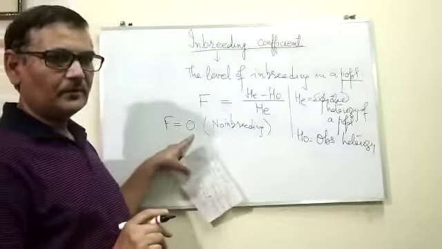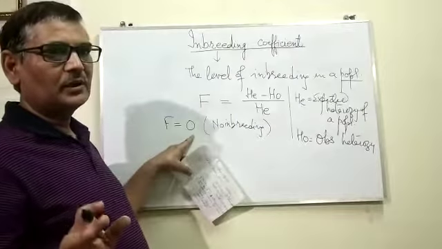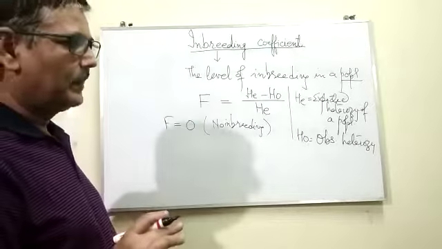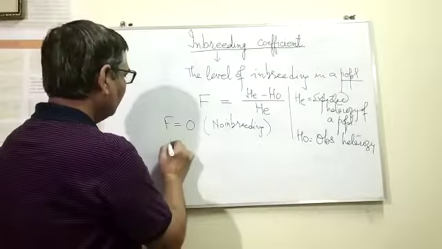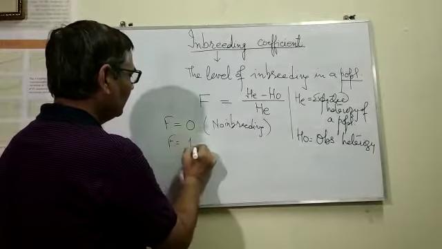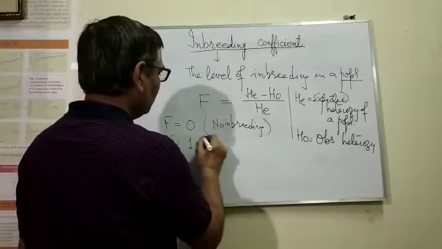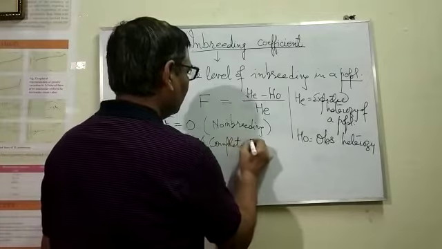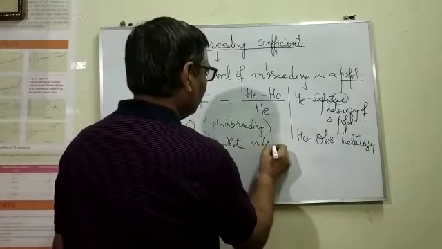This will happen when observed and expected heterozygosity are exactly the same. And if this F value is equal to 1, then it shows complete inbreeding.